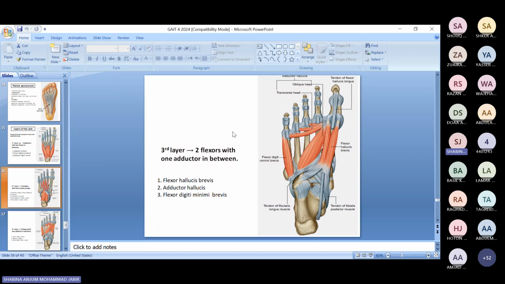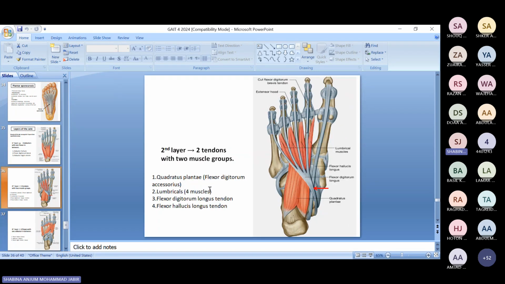What about the second and fourth layer? In the second and fourth layer, you have two long tendons and two small muscles. In the second layer, you have flexor digitorum longus with the lumbricals.